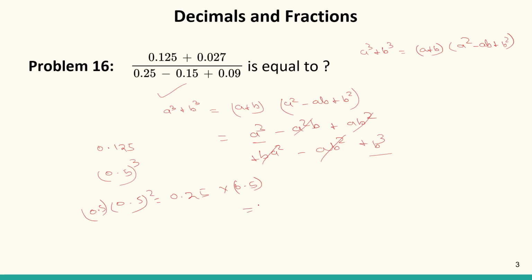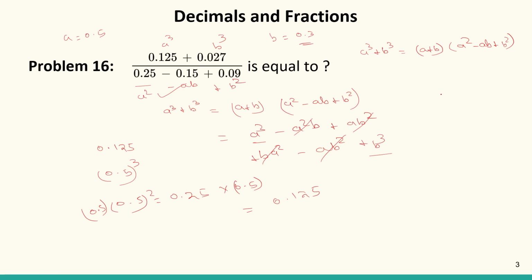So what we are left with is 125, so 0.125 is the answer. So here you can see that this is a cube, this is b cube, if a is equal to 0.5 and if b is equal to 0.3. And here a square minus ab plus b square.